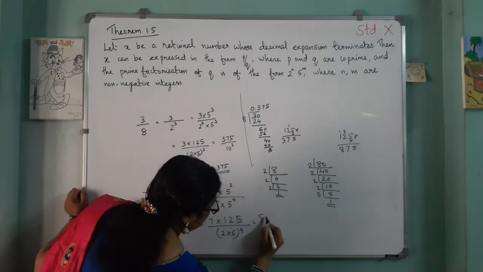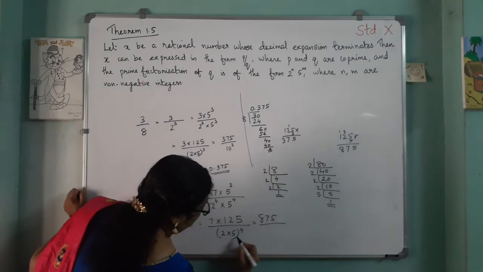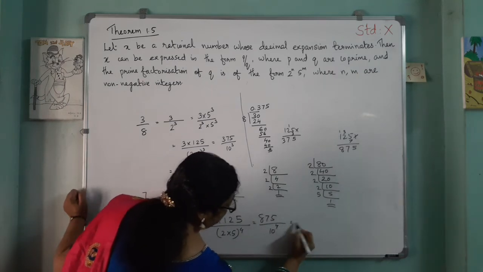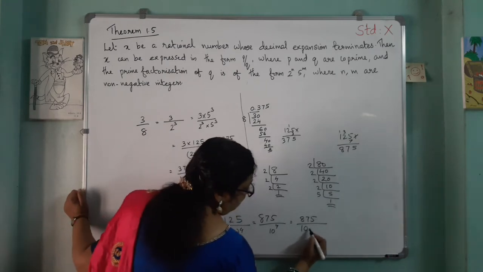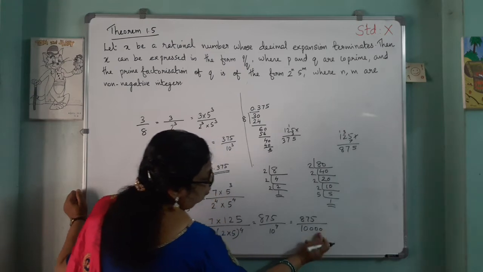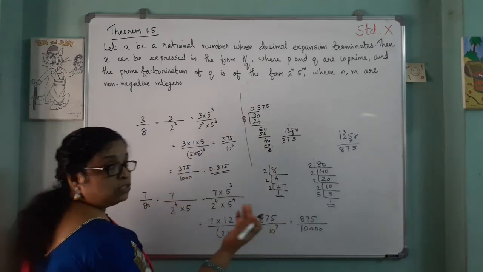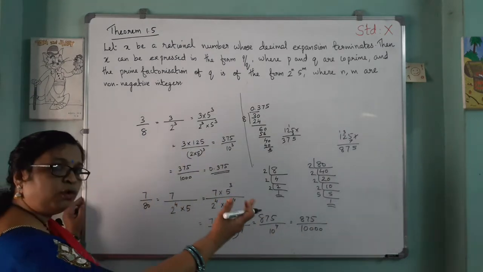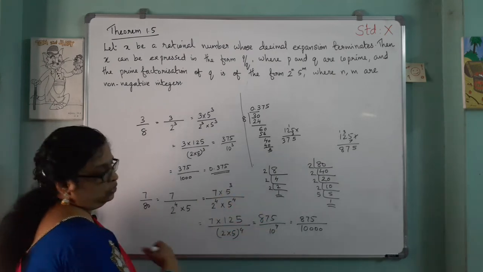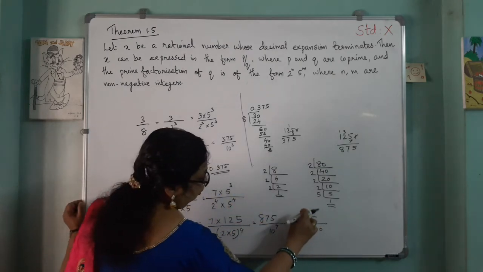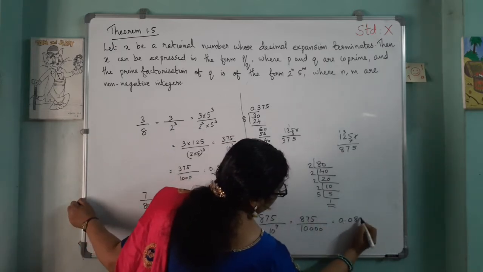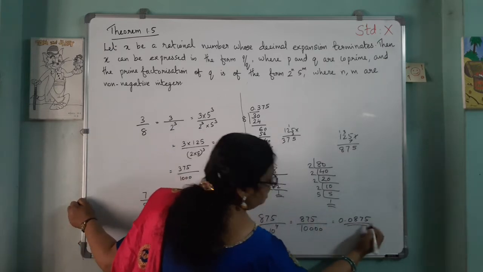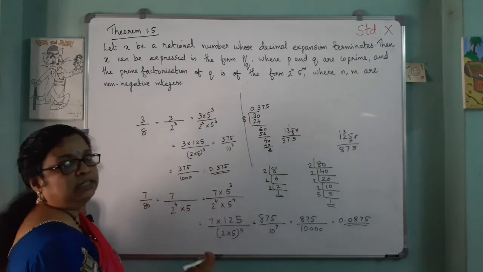So 875 divided by 2 into 5, 10 raised to 4, that is 10,000. Dividing by 10,000, 4 places the decimal moves left, giving 0.0875. This is also a terminating decimal.